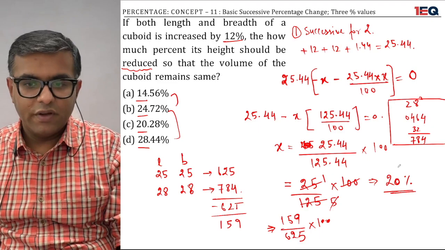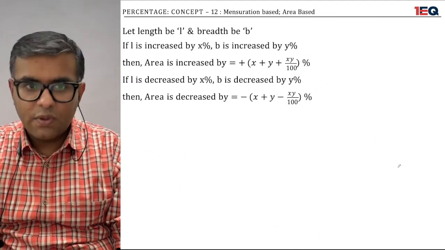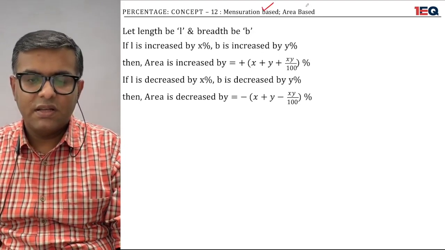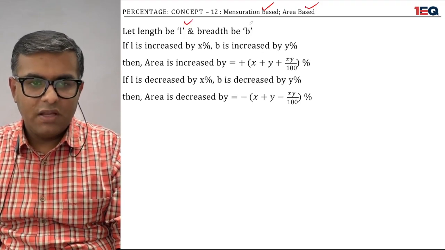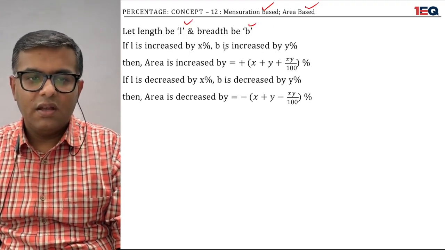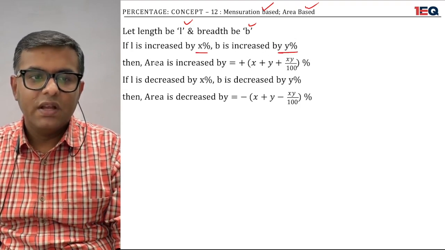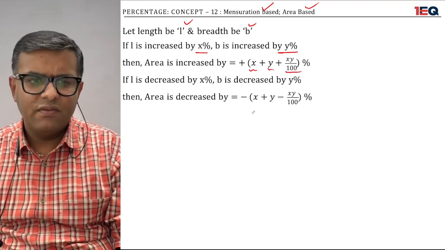Alright, so moving on, we have concept number 12 over here. It's a mensuration based thing and an area based thing. Let the length be L and the breadth be B. If length is increased by X% and B is increased by Y%, then the area is increased by X plus Y plus XY upon 100.